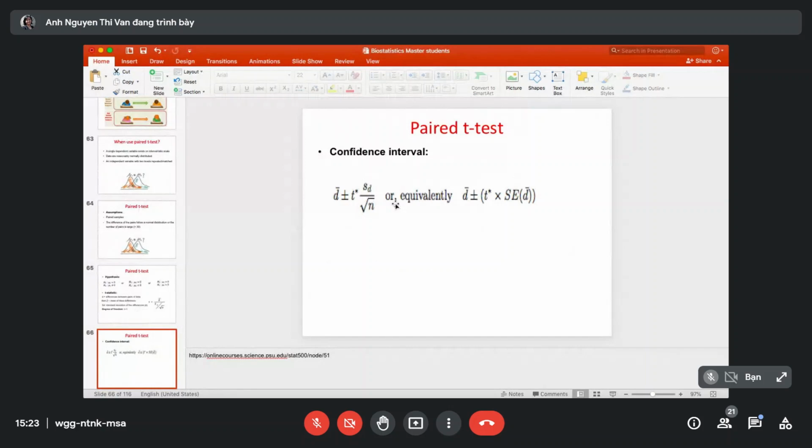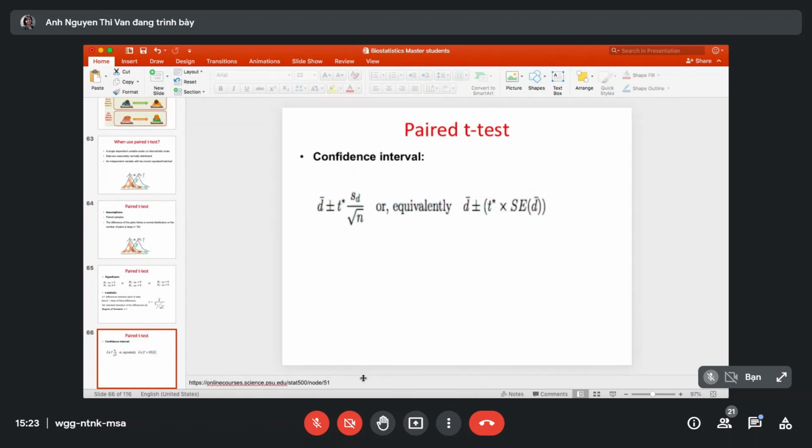And we have the confidence interval too. And here is the confidence interval for the paired t-test. You can take note of this equation for the confidence interval.